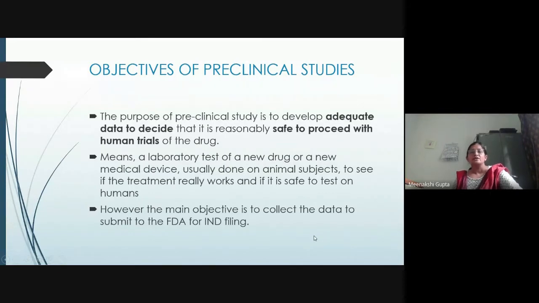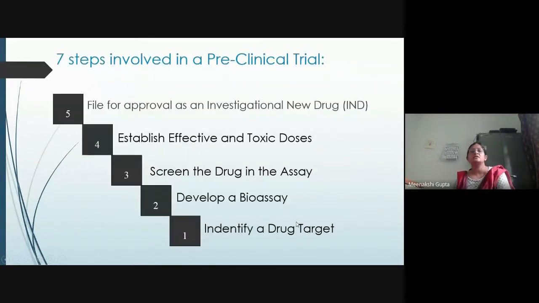Next are the 7 steps involved in preclinical trials. The first step is identifying a drug target. We all know the drug target depends on the type of disease.